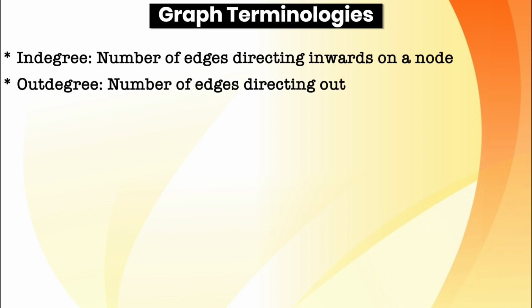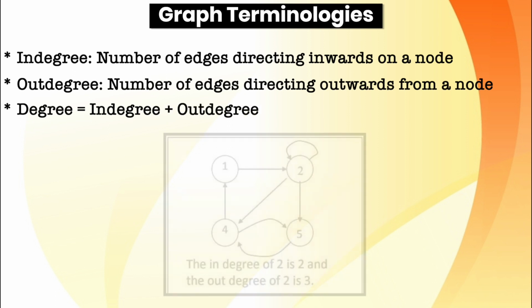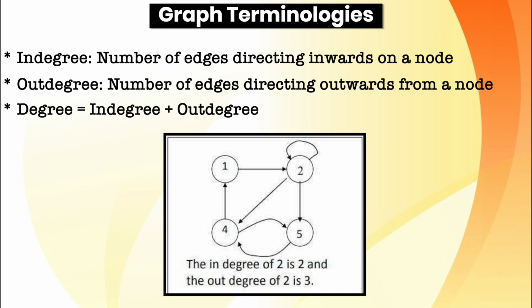Out-degree is defined as the number of edges directing outward from a node, and degree is in-degree plus out-degree. For example, in the graph, the in-degree of the node 2 is 2 and the out-degree, that is the number of edges outgoing from the node 2, is 3.